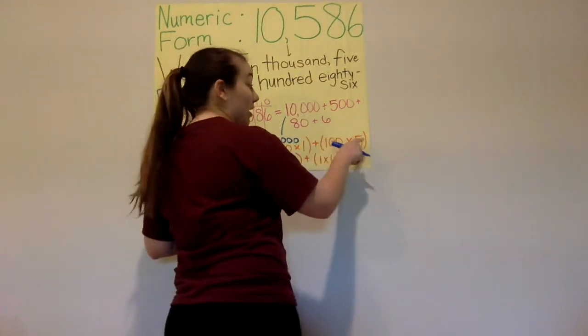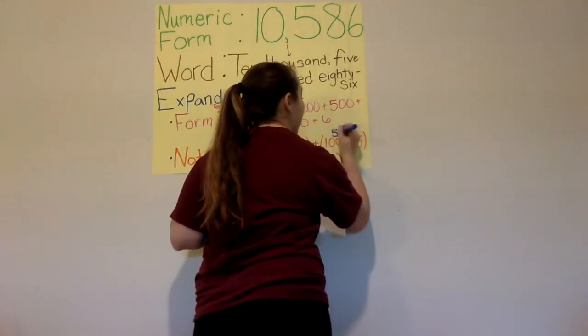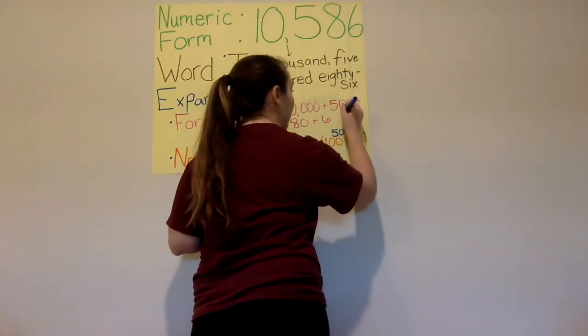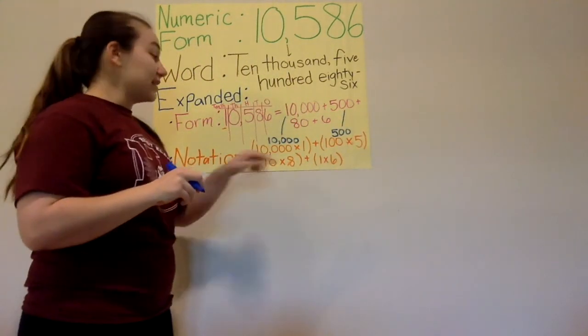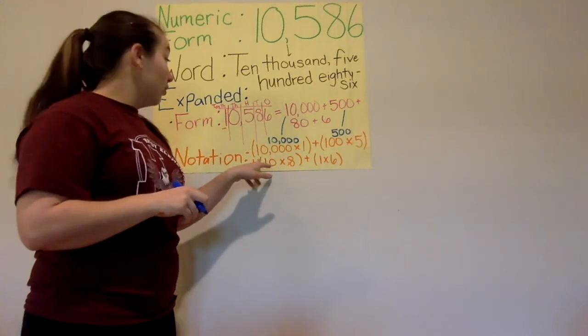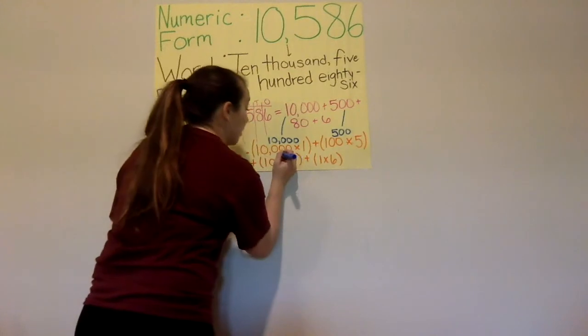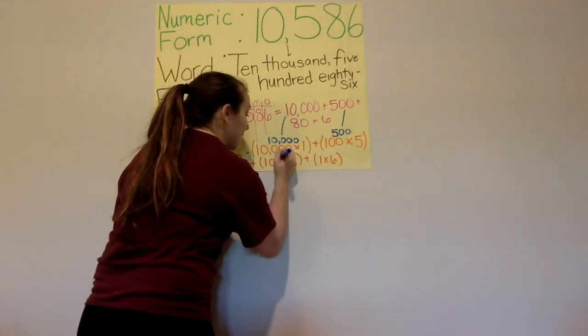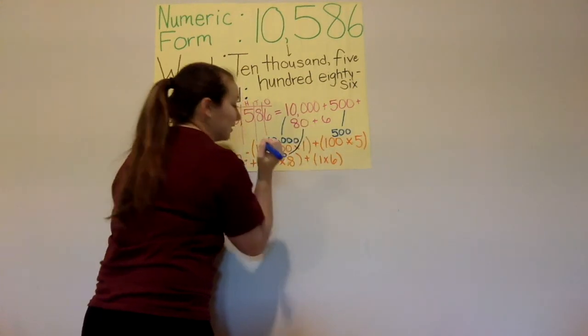Well, 5 times 1 is 5 plus 2 zeros. That gives us 500. That matches with that. Next, 10 times 8? Well, 1 times 8 is 8, and we have 1 zero. So that gives us 80, which matches up with that.